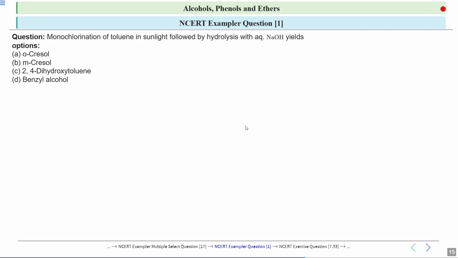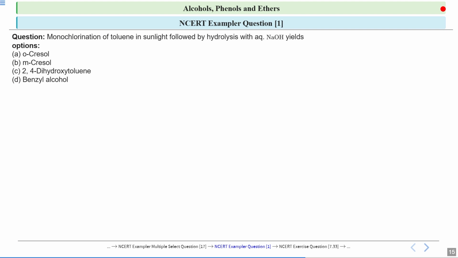Okay. So now let's solve the next question, that is NCERT exemplar question 1. The question says that monochlorination of toluene in sunlight followed by hydrolysis with aqueous NaOH yields. So four options are given to you: orthocresol, metacresol, 2,4 dihydroxytoluene and benzyl alcohol.